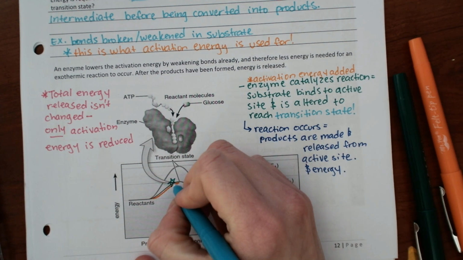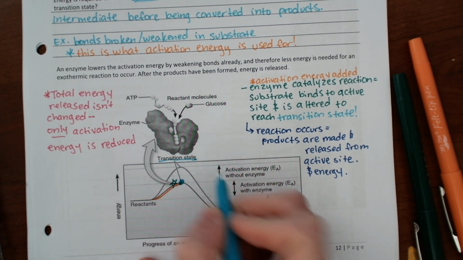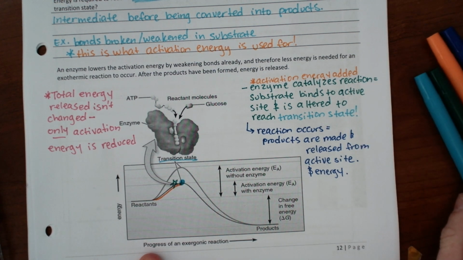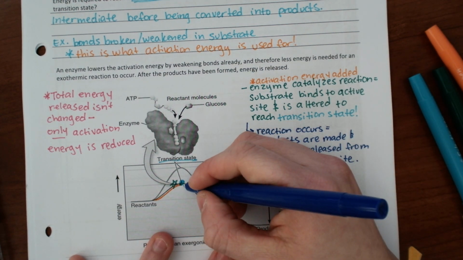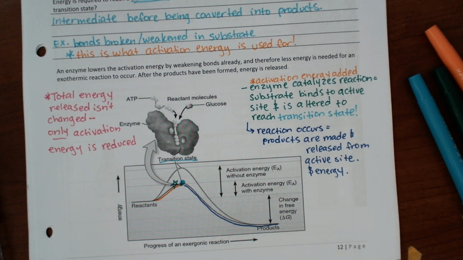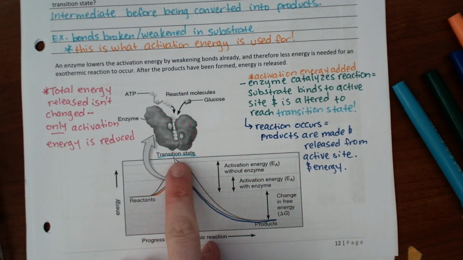It gets us to that transition state. There we go. And then your reaction occurs and your products and other energy are released. And then again, without your enzyme, it's way higher for the activation energy.